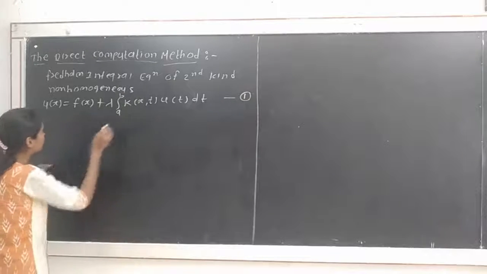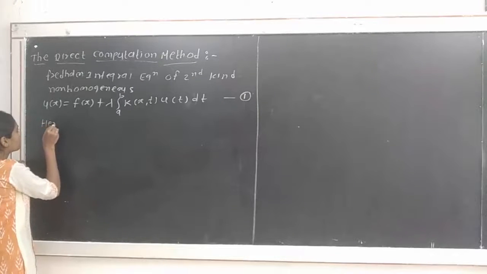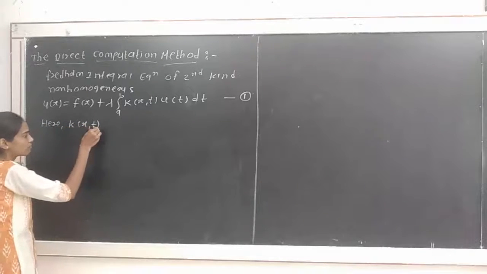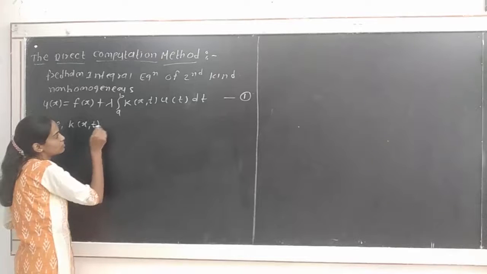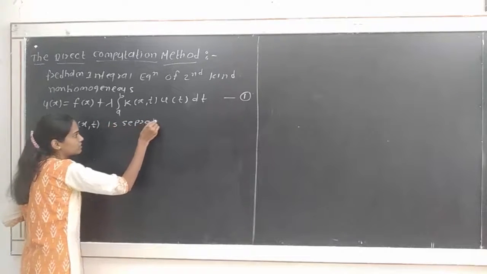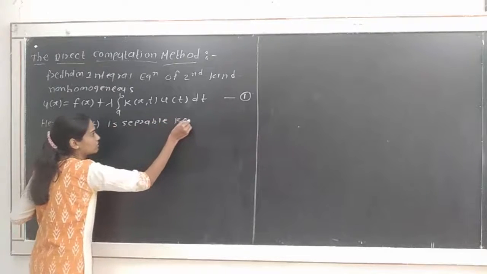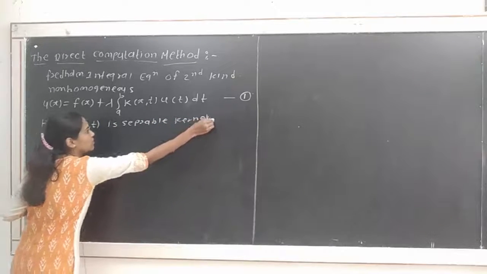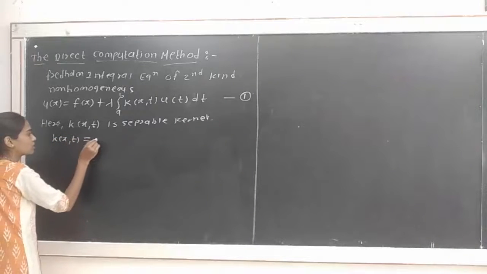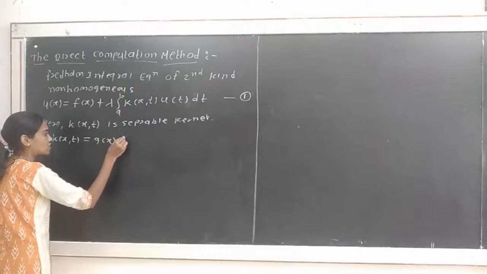Here k of x t will be the separable kernel, which we know is in the form of g of x into h of t. So we write k of x t is equal to g of x into h of t.